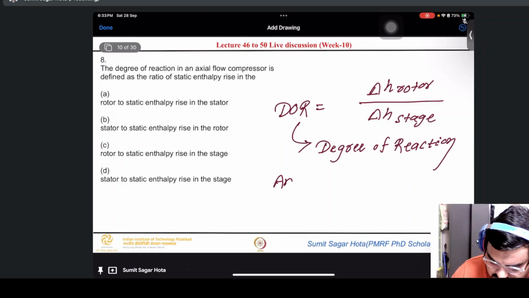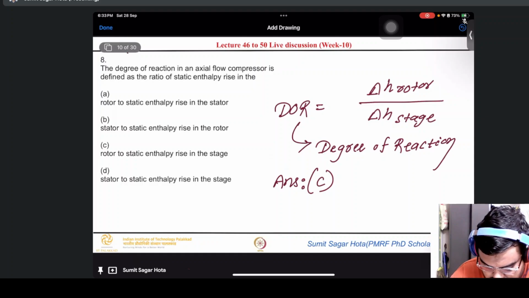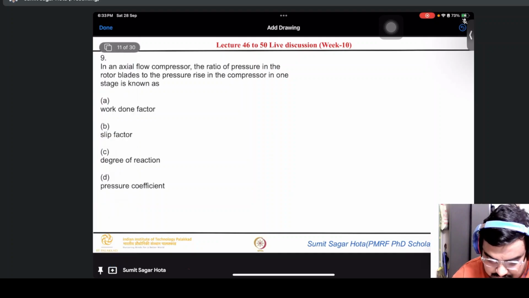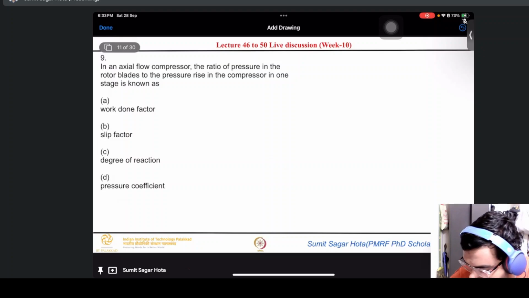And this is answer C. In an axial flow compressor, the ratio of the pressure rise in the rotor blade to the pressure rise in the compressor in one stage is known as the degree of reaction.